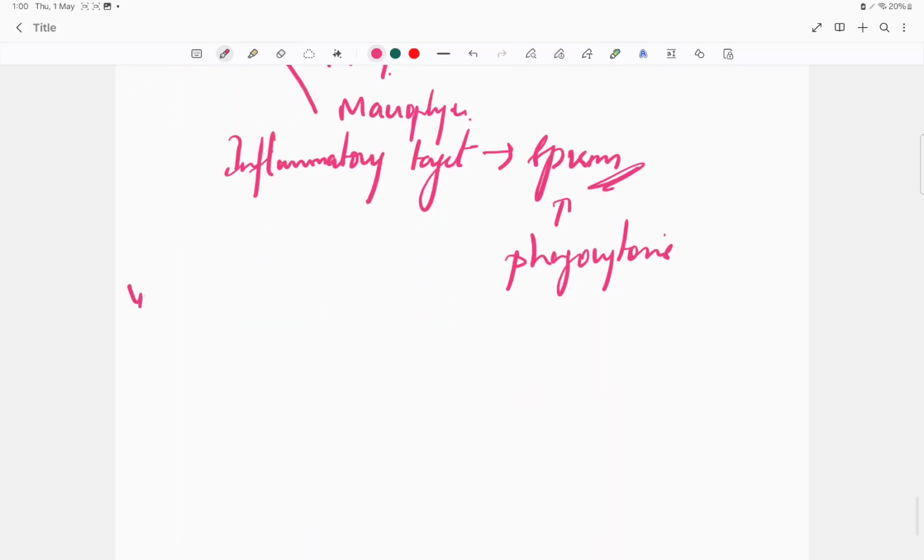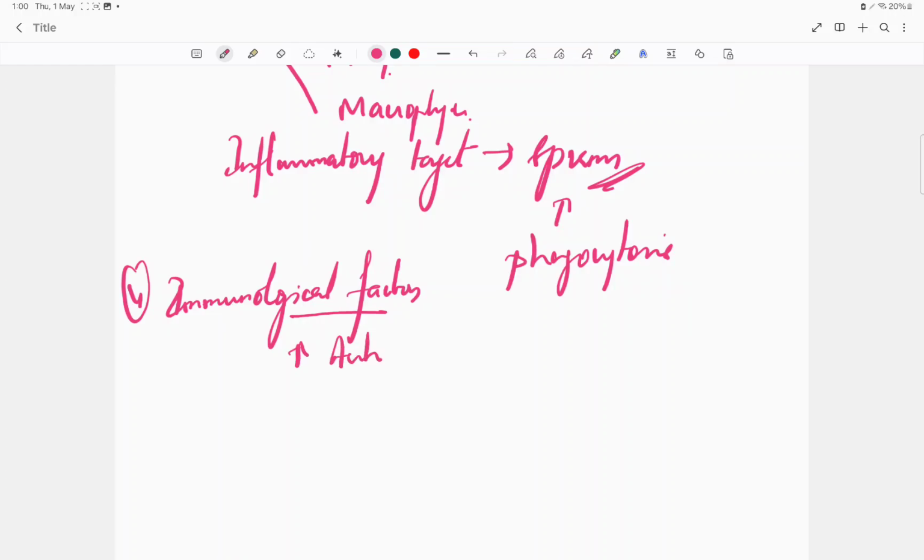And next is immunological factors. What are the immunological factors, guys? One is increase of the autoantibodies. Next is the antibodies against the gametes, just like this. Not specific anti-sperm antibody, that is important.